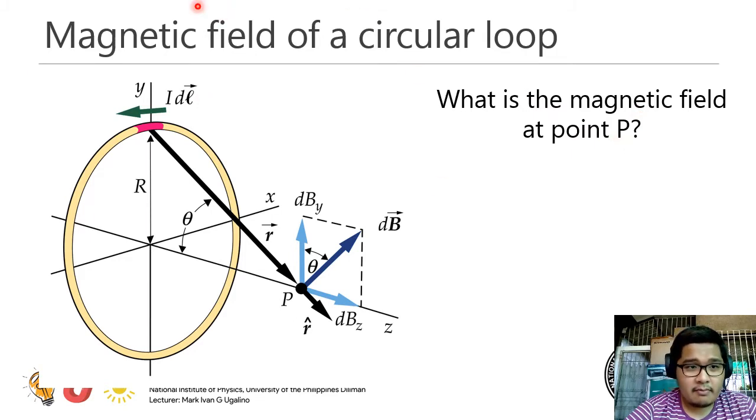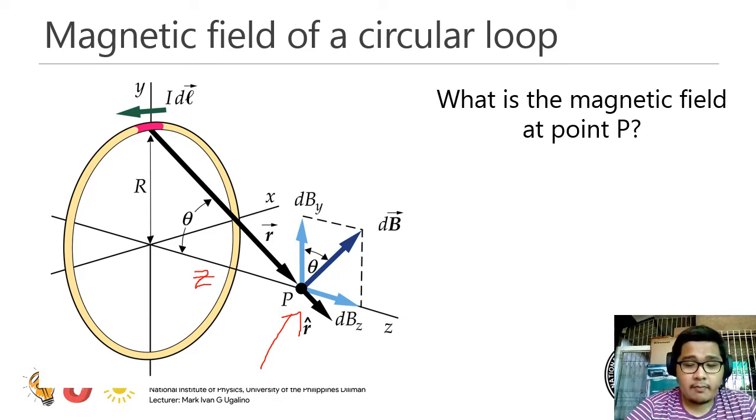In this problem, point P is actually located here. Your point P, or the field point, is located here, and that field point is some z distance from the center of your circular loop.